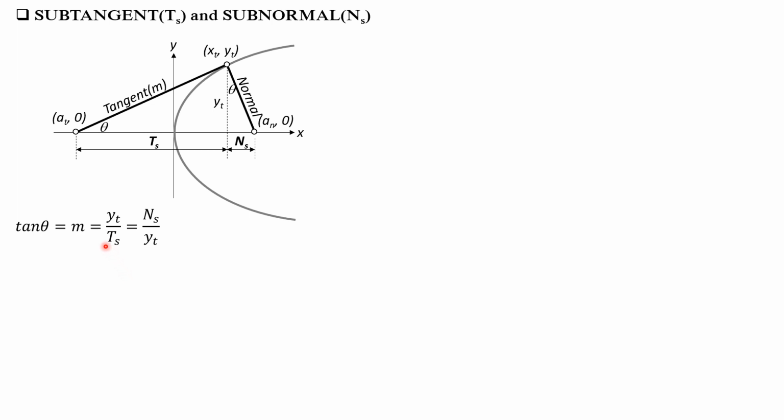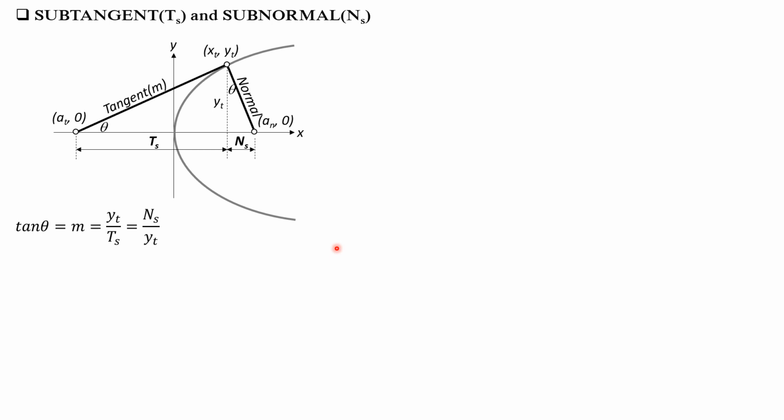The length of the subtangent therefore, because it represents length and is always positive, is equal to the absolute value of y_t over m, or it is also right x minus left x, so the absolute value of x sub t minus a sub t, or vice versa, a sub t minus x sub t in absolute value.